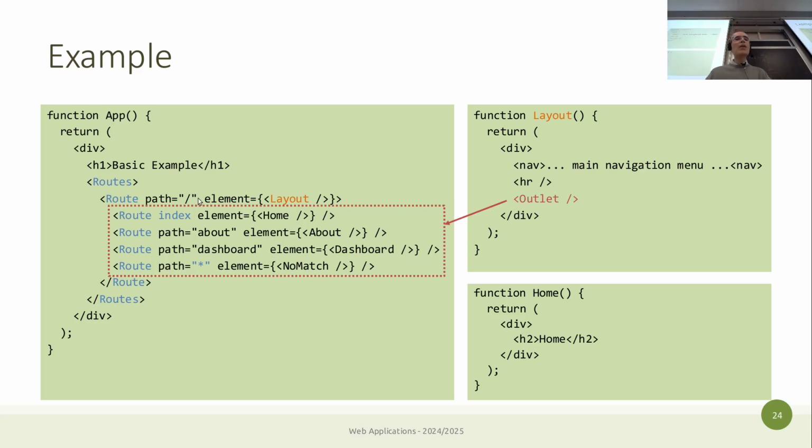And if you have slash ABC, it doesn't exist. So you will render the no match component. That is a component you need to write. And typically you write it once, like I think we do it in the example. I mean, just this URL doesn't exist. Just go back home, link slash.